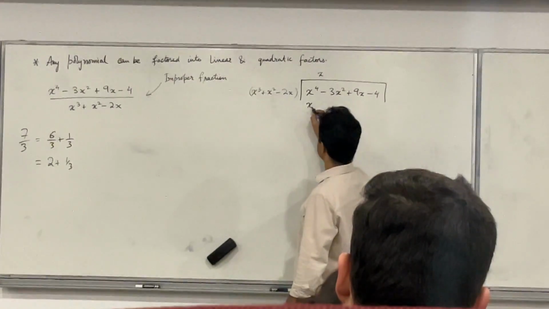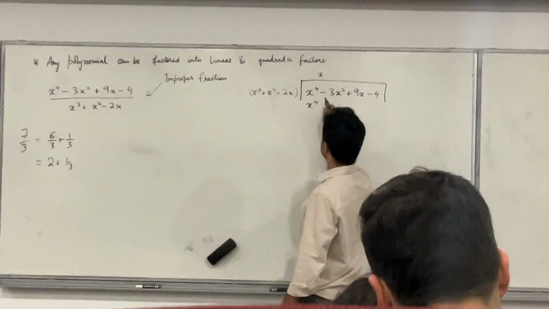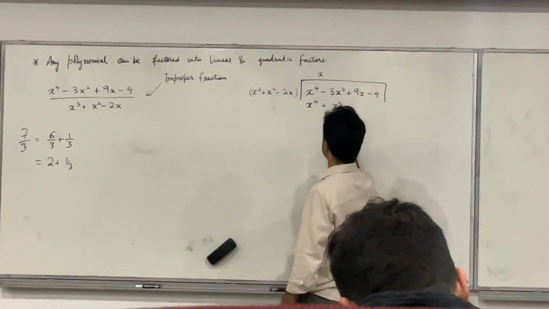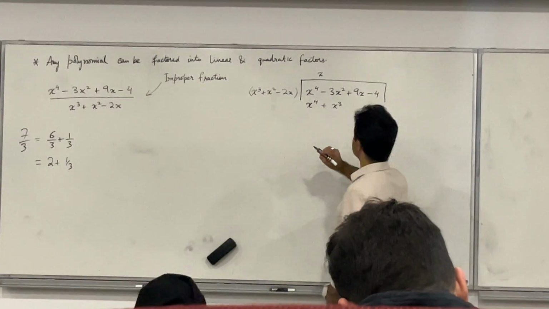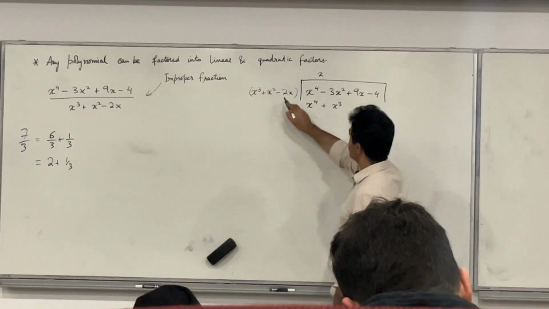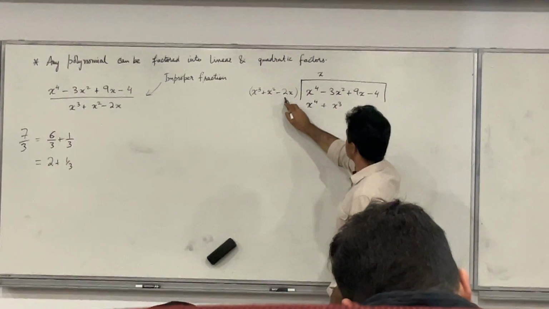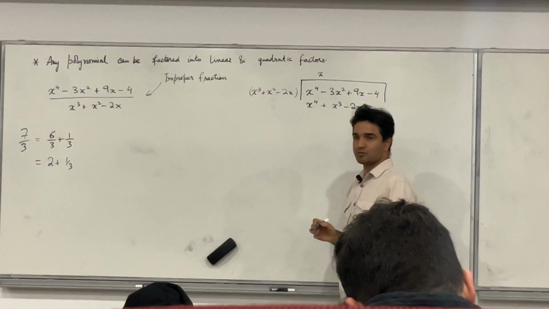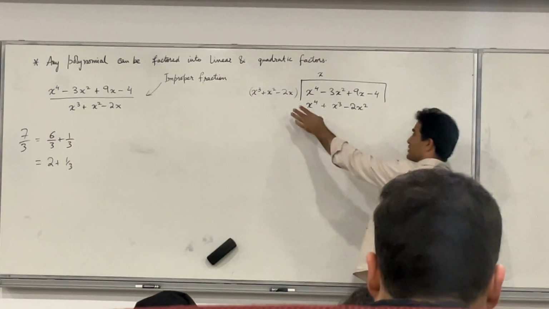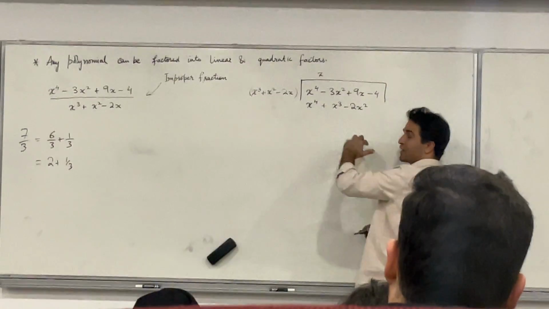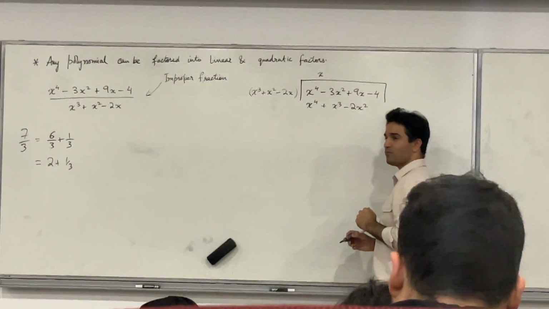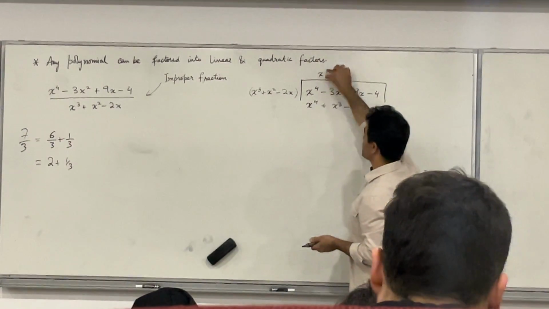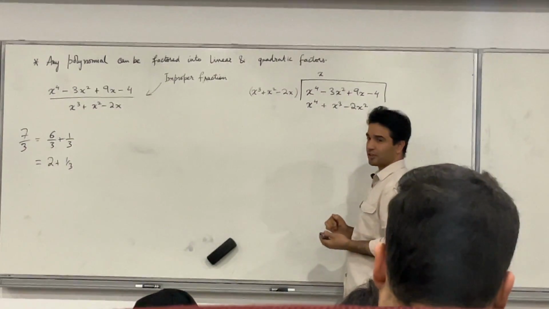x cubed times x becomes x to the fourth, x squared times x becomes x cubed, and then 2x times x becomes minus 2x squared. Right? Now this whole thing needs to be subtracted from above, because we're saying that part of it we've taken care of in the quotient.